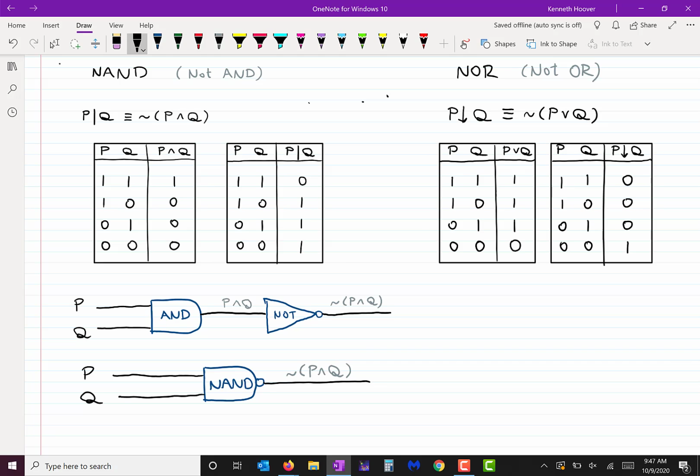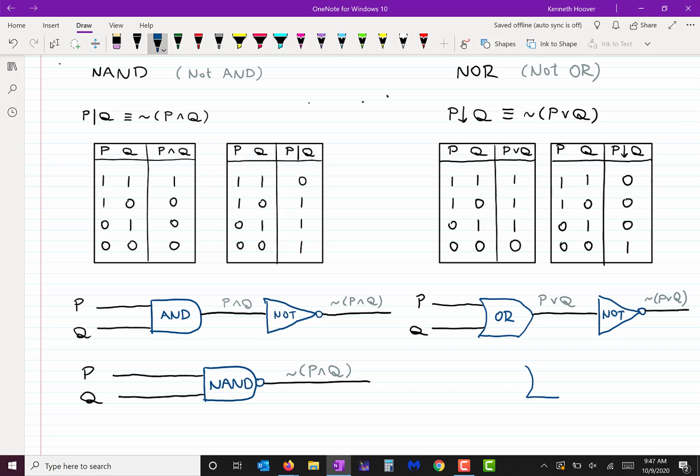If you have two signals passing through an OR gate, then the signal coming out of there would be the signal P or Q. And then if that signal passes through a NOT gate, then the signal coming out of there would be the negation of P or Q. So whenever you have that sequence of two gates, you can replace those two gates with one single NOR gate.